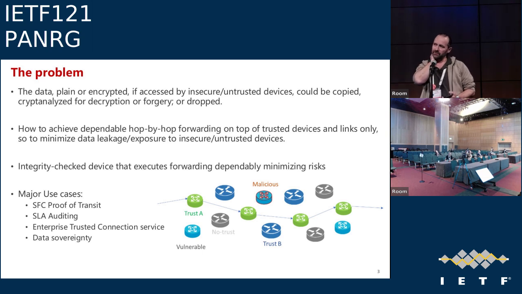We don't have a direct vision on whether or not it goes through insecure or untrusted devices that could copy the traffic and crypto-analyze it later, or do some forgery, et cetera. So the point is we want to achieve dependable hop-by-hop forwarding on top of devices that we trust, so that we minimize the risk.